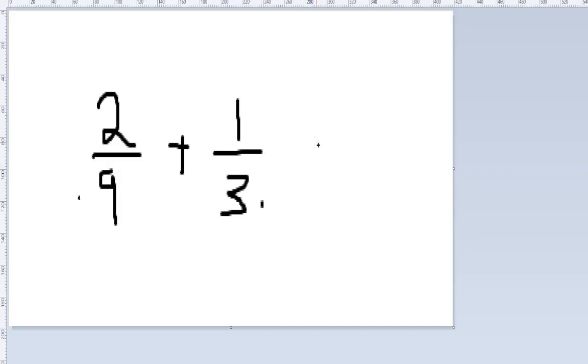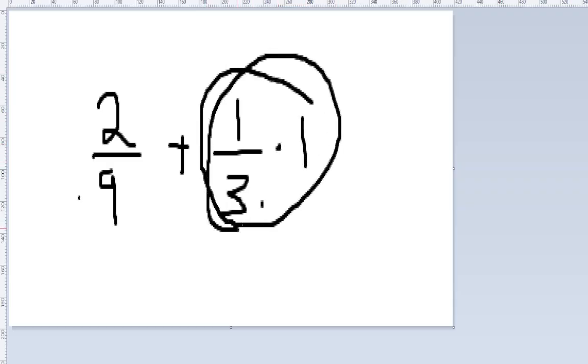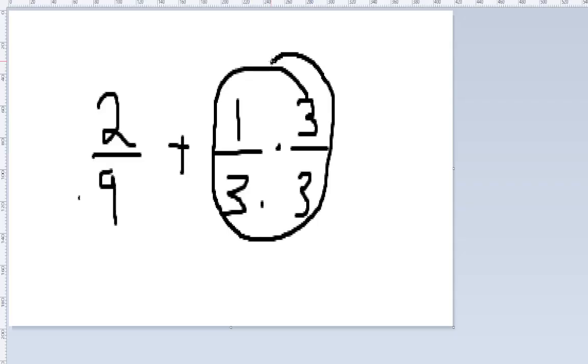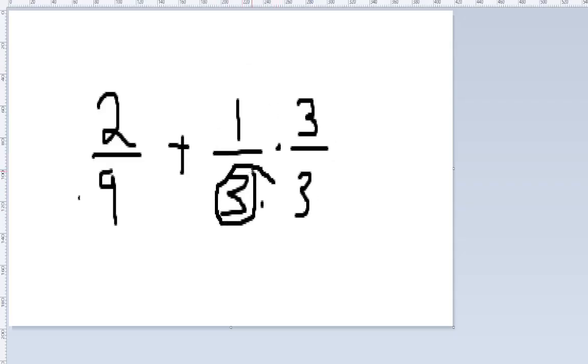But as you remember, we're allowed to multiply this fraction by 1, and it won't change that part of the equation. And I'm just going to multiply it by a variation of 1 that I need. I need a 3 down here, so that means I have to multiply up top by 3 as well. This will not change the equation, and that's the important part, but it will change this bottom.